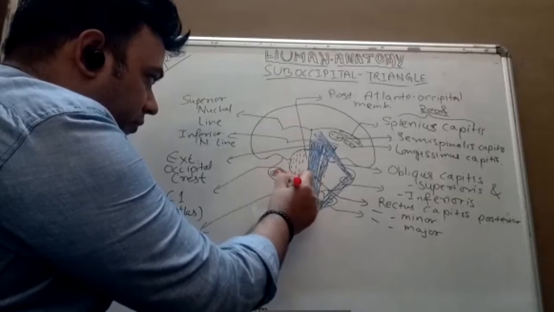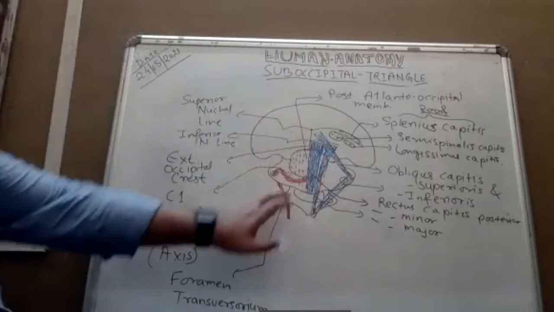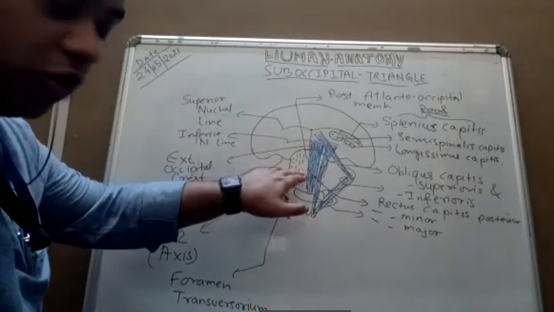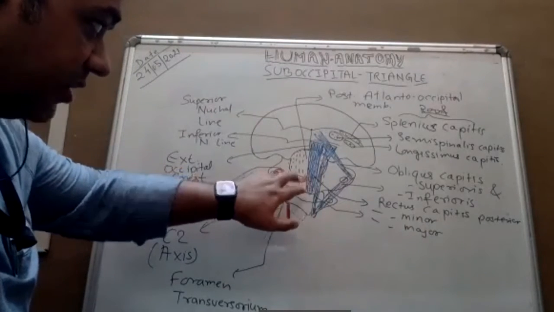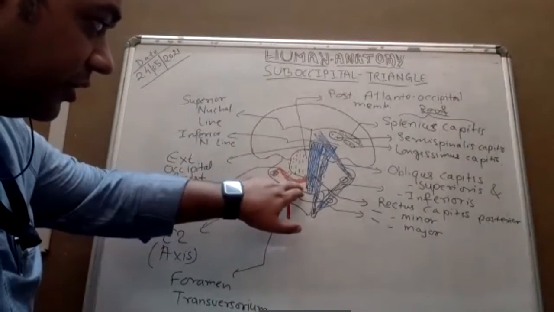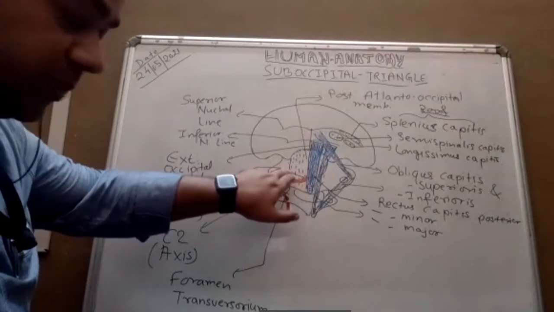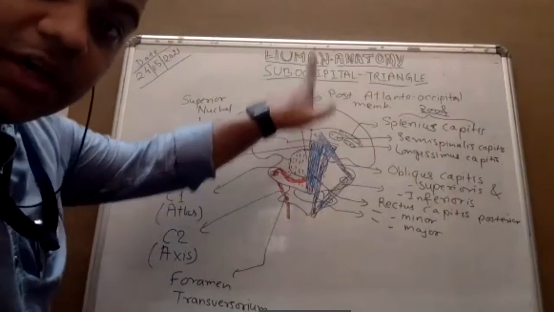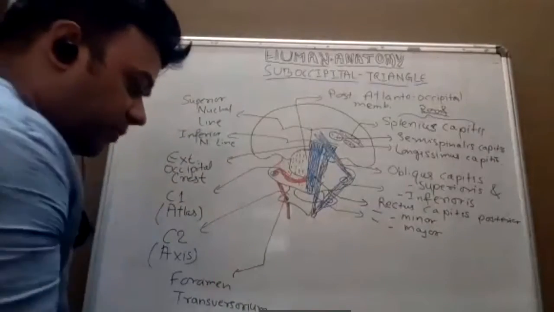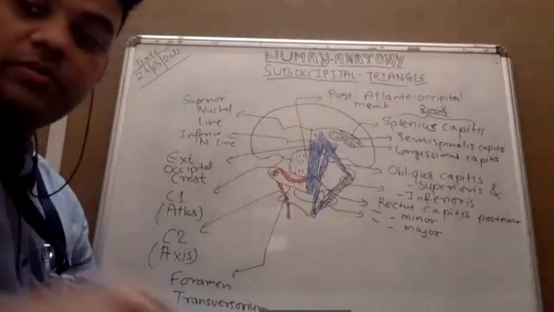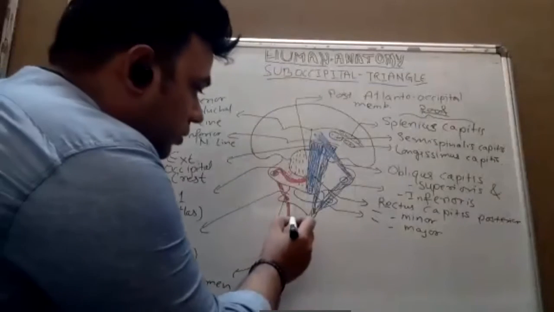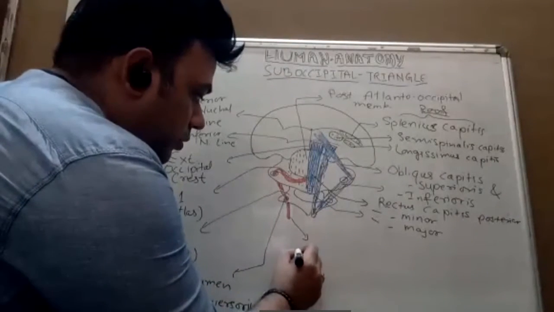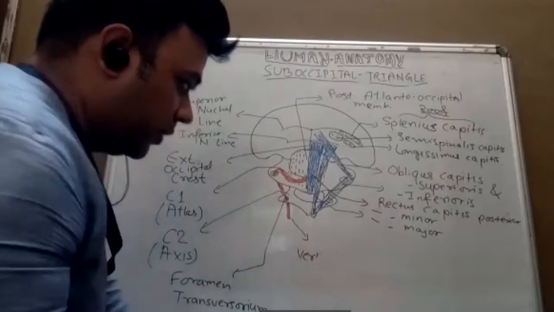So this vertebral artery will pass. Now, this vertebral artery will pierce the atlanto-occipital membrane. The atlanto-occipital membrane is discontinuous, detached over the vertebra due to the presence of the vertebral artery. It will pierce that membrane and enter the foramen magnum and the posterior cranial fossa. So this is your, what is this? This is the vertebral artery. I will draw.